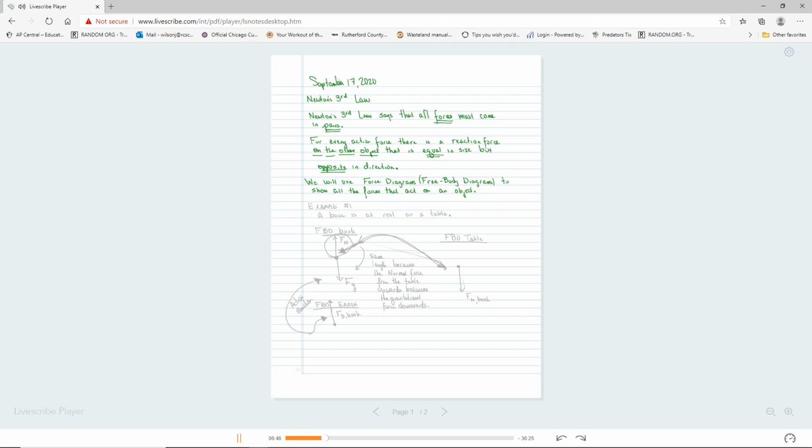I will abbreviate them as FBDs. But force diagram or free body diagram, both of those are equally good names for what we're about to do. If you finished the Pogil from last time, you'll know that a model is something we use to simplify a problem, because real world problems have lots of things going on in them, and we want to use models to simplify the scenario so that we're just dealing with a little bit of information at a time, not a whole landslide of information.